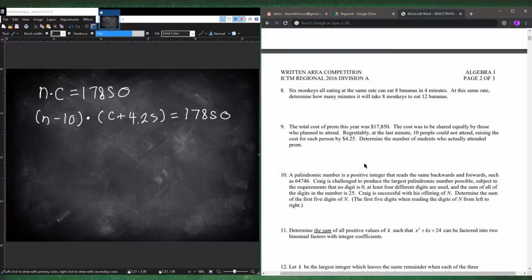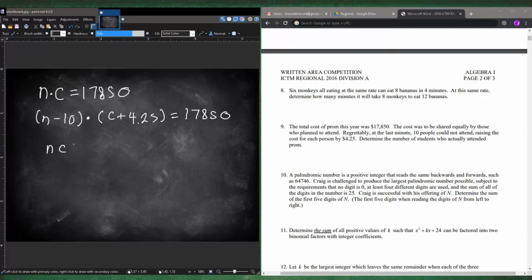Okay. So let's distribute this out. n times c is nc, and then plus 4.25n minus 10c minus 42.5 is equal to 17,850.